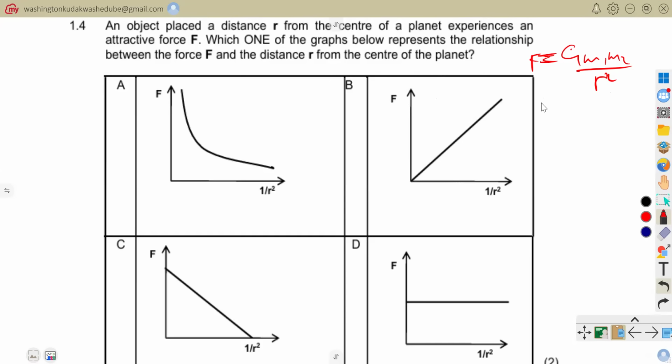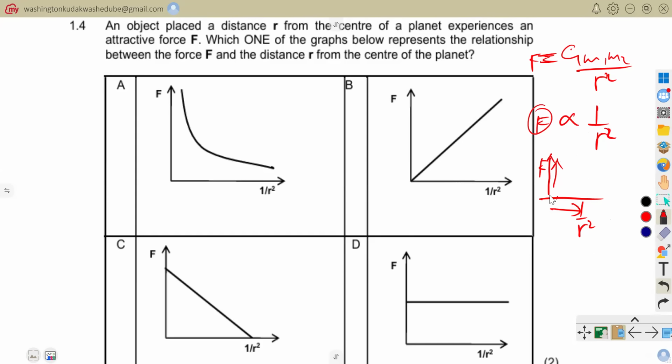And the relationship between F and r is given by F is directly proportional to 1 over r squared. So if F is directly proportional to 1 over r squared, it means that if I draw a graph, whenever my 1 over r squared is increasing, my F has to increase.